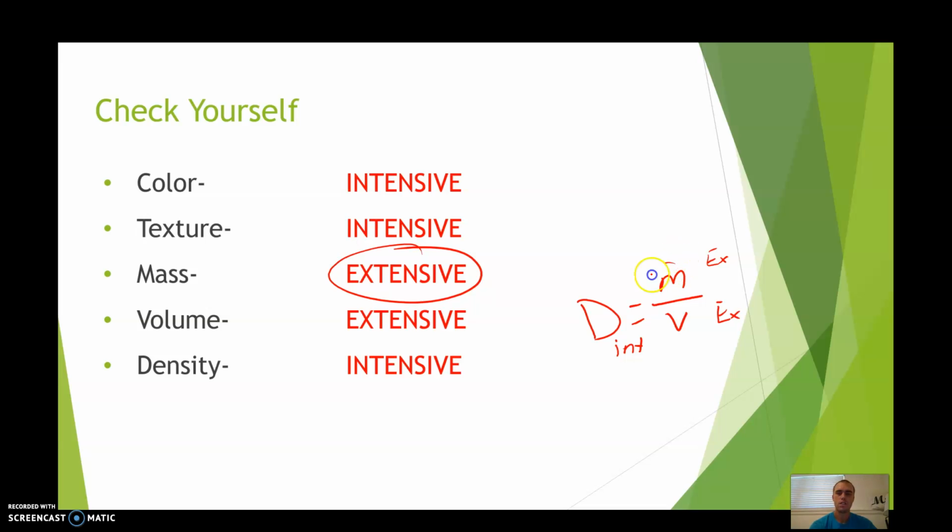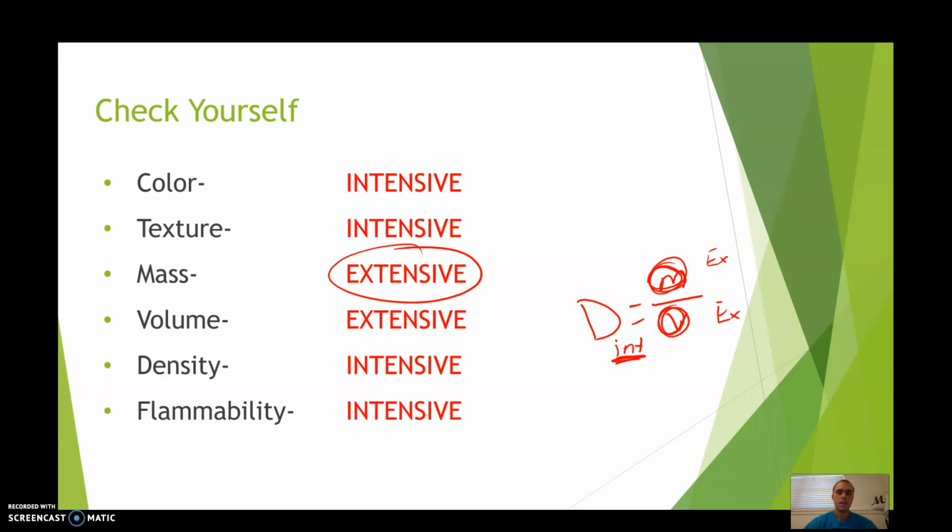When mass changes, volume is going to change, and they're going to change at the same rate. And so because of that, density will always stay the same no matter how much or how little of the substance you have. For that substance, it's always going to be the same. So it is an intensive property.